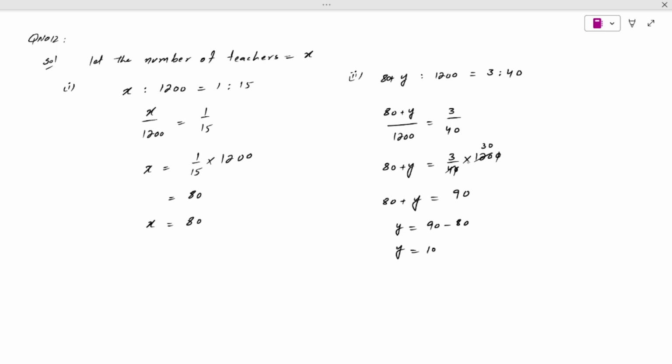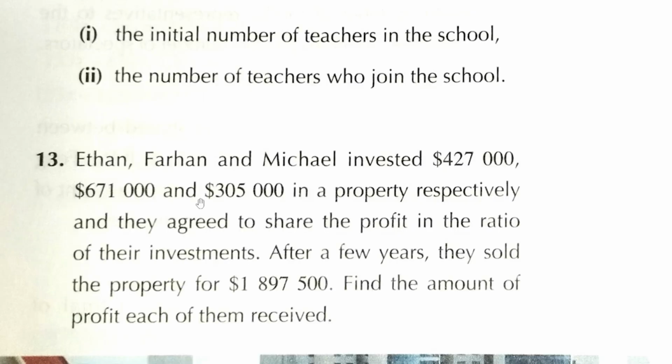Now we will solve question number 13. Question number 13: Ethan, Farhan, and Michael invested $427,000, $671,000, and $305,000 in a property, respectively, and they agreed to share the profit in the ratio of their respective investments.